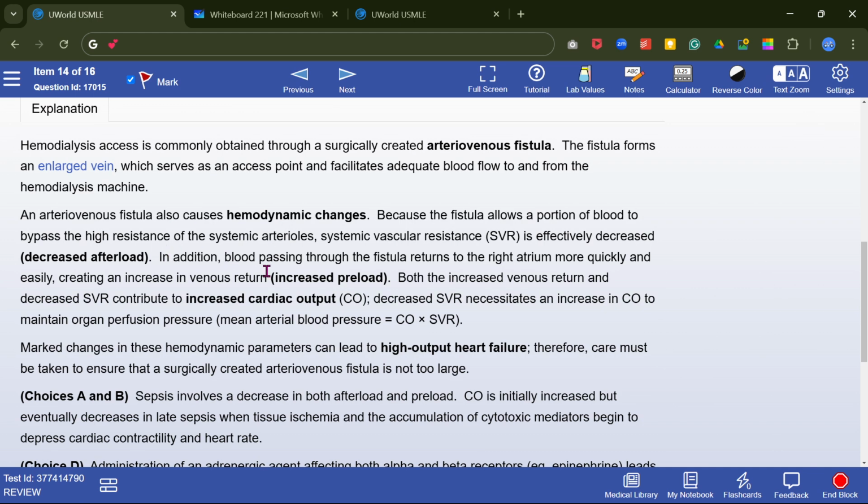An arteriovenous fistula causes hemodynamic changes because it allows a portion of blood to bypass the high resistance system, so systemic vascular resistance is effectively decreased. Blood passing through the fistula returns to the right atrium more quickly, with increased venous return.